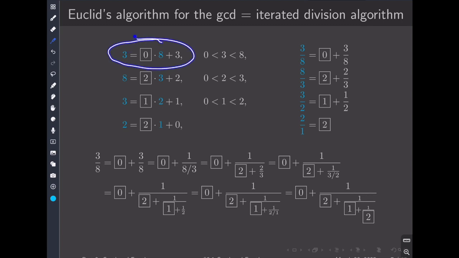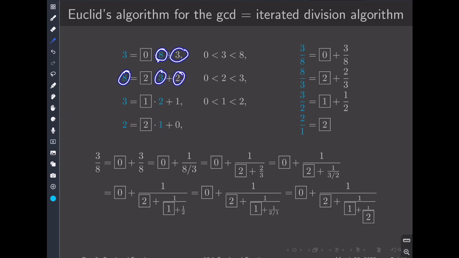So 3 divided by 8, quotient, residue. Okay, and then we know that in Euclid's algorithm, one takes the old divisor and divides it by the residue, and then one obtains a new residue.